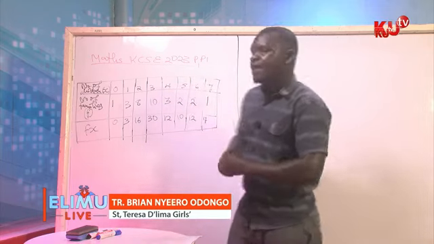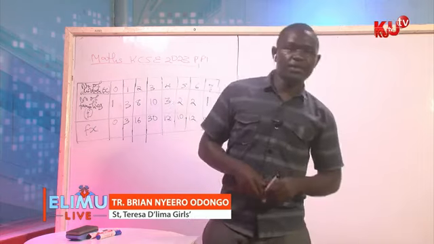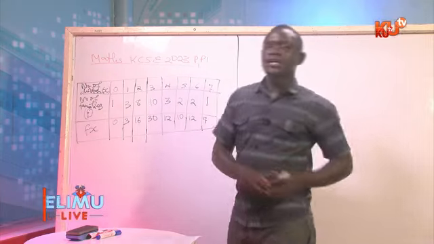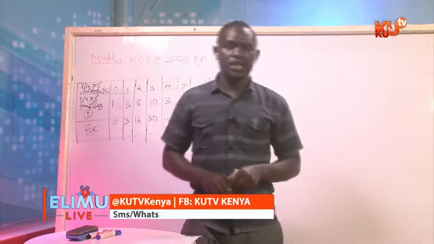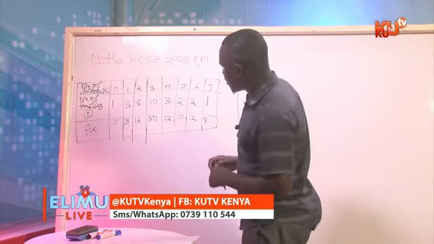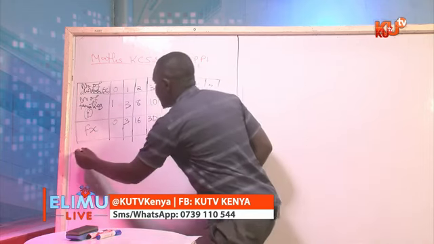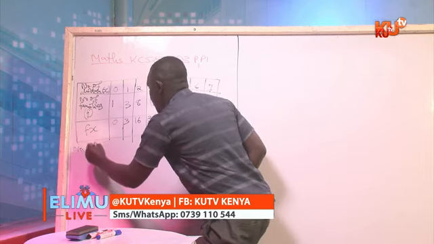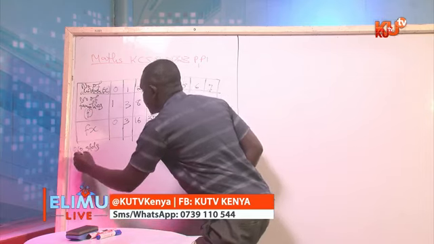She may decide to draw it vertically. Also, for a student that will draw this table vertically, this other way is also very, very right. For that case, I'll have my number of children here. Number of children may be x.